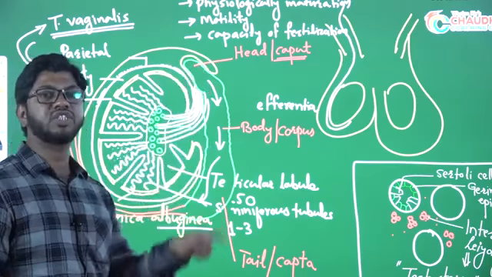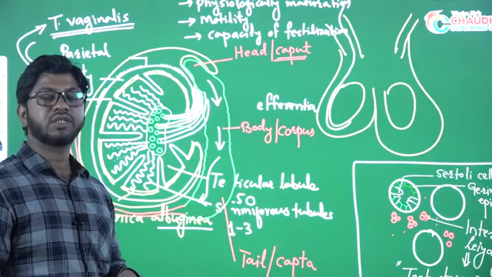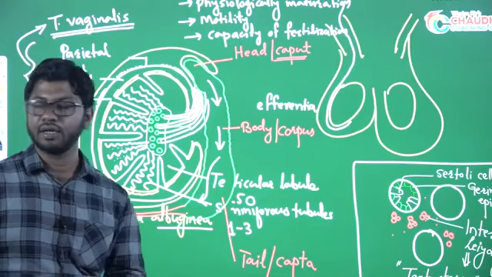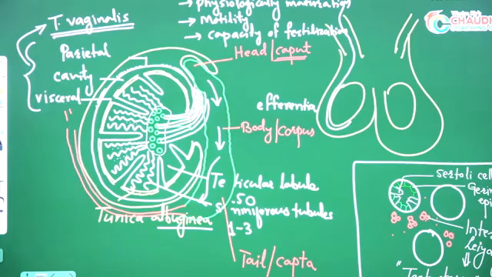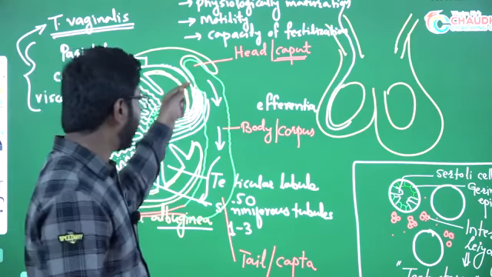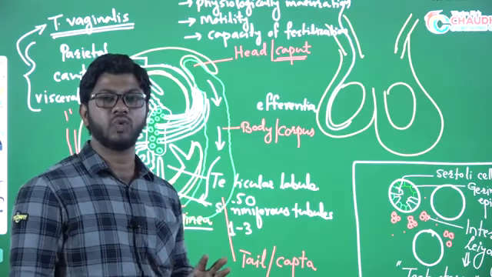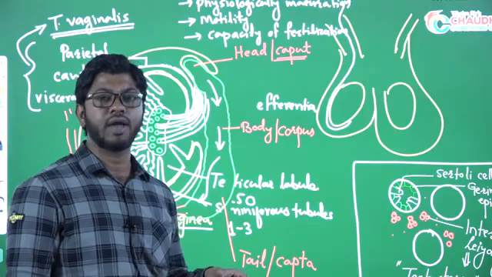The epididymis is a C-shaped structure which covers the testis from the posterior side, and it has three parts: head, body and tail. Head and tail are swollen, the body is somewhat narrow.